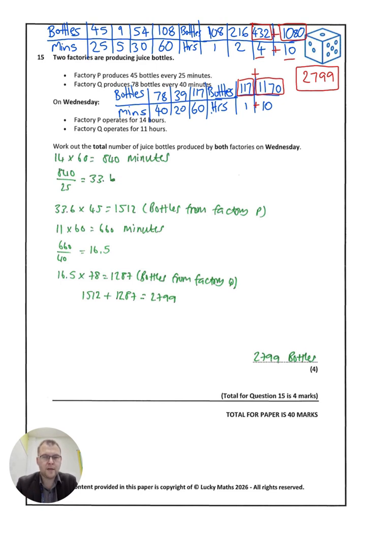We've got factory P on the top row here, 45 bottles in 25 minutes. I decided to break that down to 5 minutes by dividing that by 5. 9 bottles are made every 5 minutes, and 25 plus 5 would give me 30 minutes or half an hour. So from that, I then worked out 108 bottles are being produced per hour.